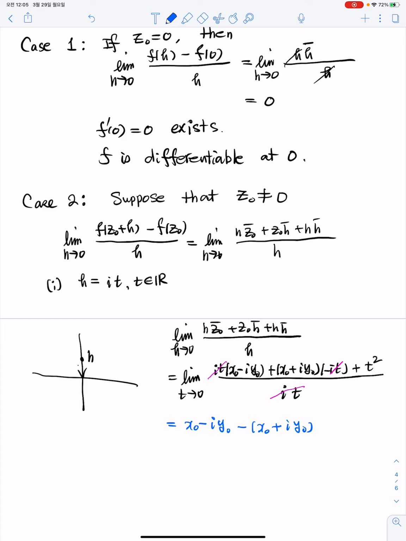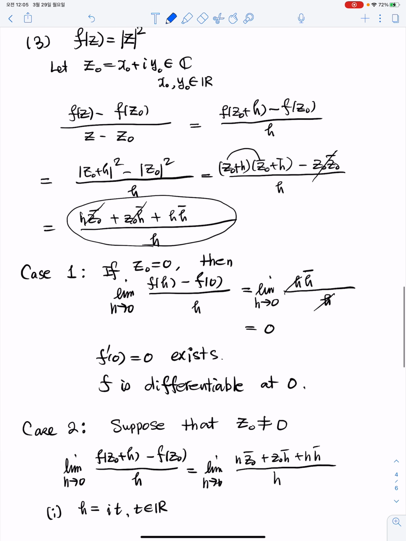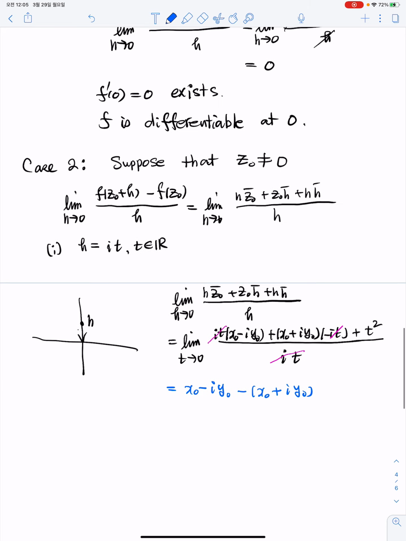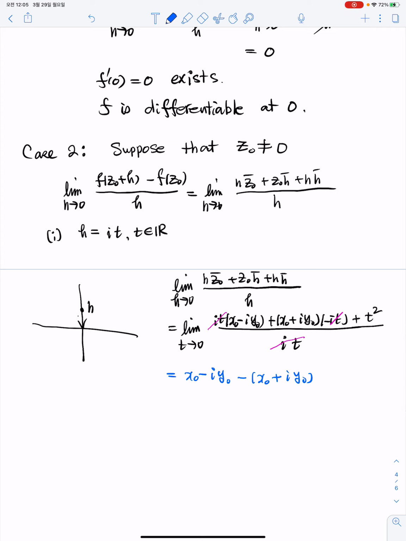Am I right? Let me check whether I have a mistake or not.